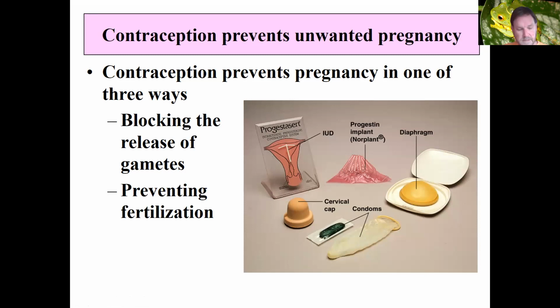You can prevent fertilization, and a lot of these here are shown: condoms, cervical caps. They prevent sperm and egg from meeting. Or you can prevent implantation. You can have implants in the uterus that keep the egg from attaching to the uterine lining. So you have an IUD, for example, or different types of implants.